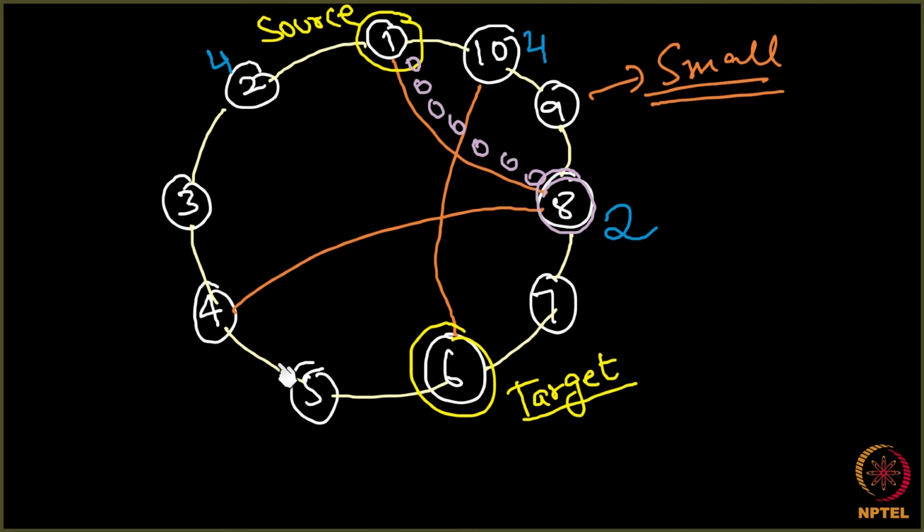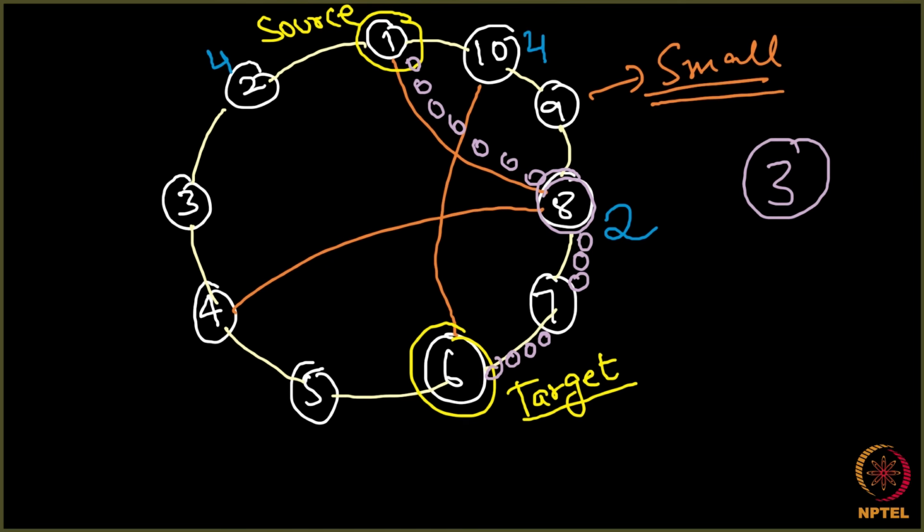Node 4, whose distance from the target is 2. And node 7, whose distance from the target is 1. It will simply pass on the letter to node 7. Node 7 looks at all of its neighbors, and the target is its neighbor, so it will pass on the letter to the target. So this is the path which our decentralized search will find, and the length of this path is simply 3.